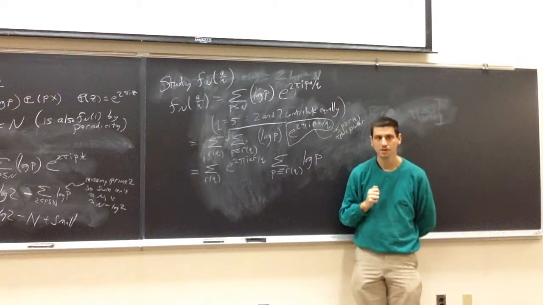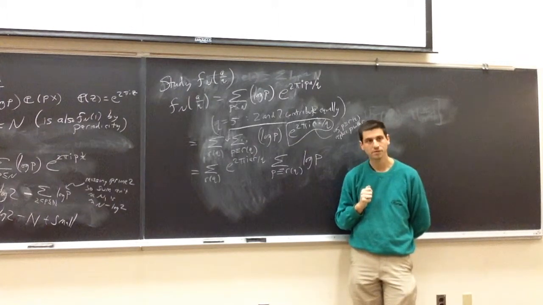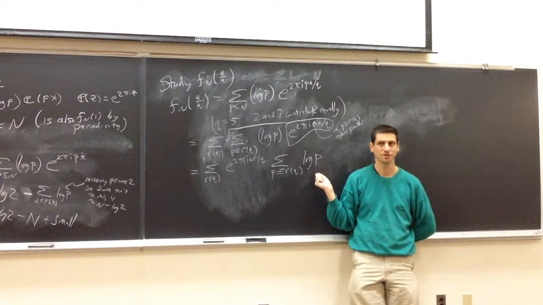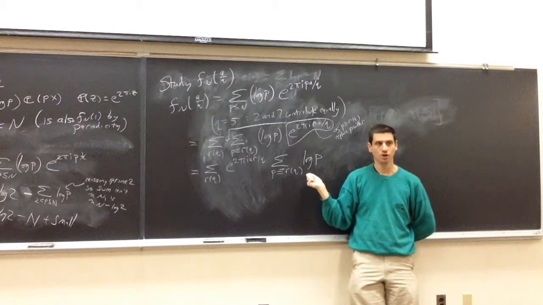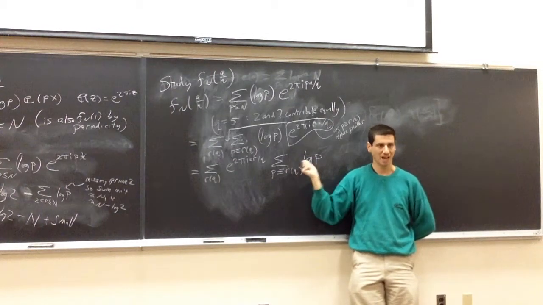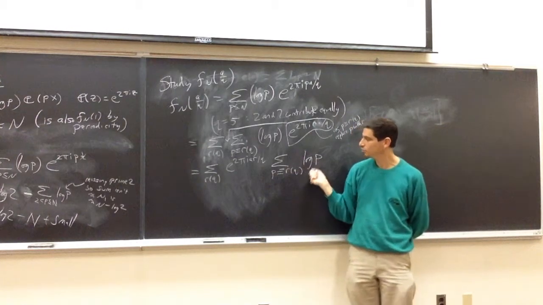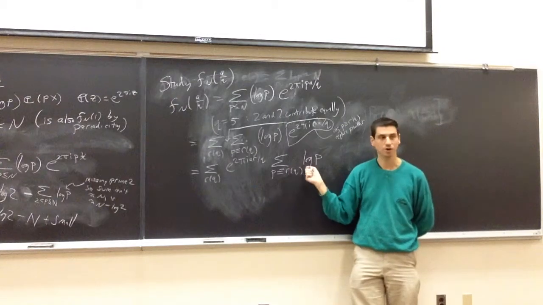What does it look like? What problem does this look similar to? Primes in an arithmetic progression with log weights. That's exactly what we want to know. This is just asking us how many weighted primes there are congruent to R mod Q.